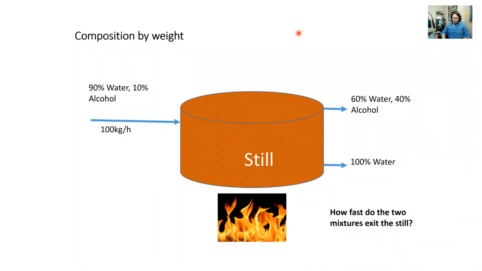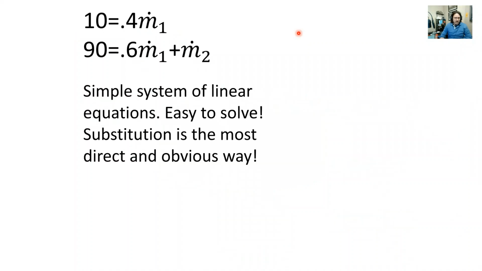All right, so you saw this problem worked out the long way. We made two equations, and I have the more detailed solution for this problem that we just saw. But it's a simple system of linear equations.